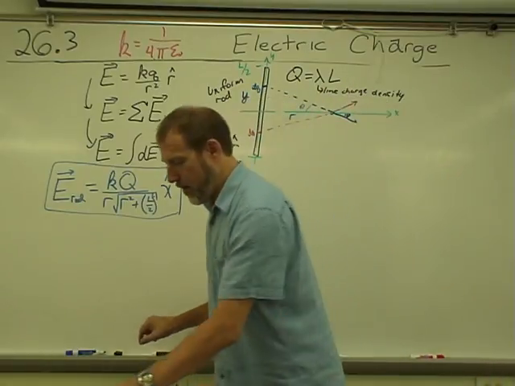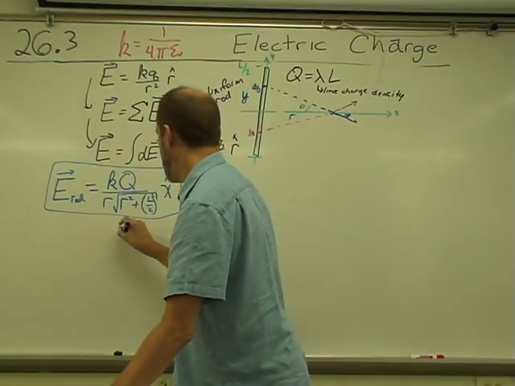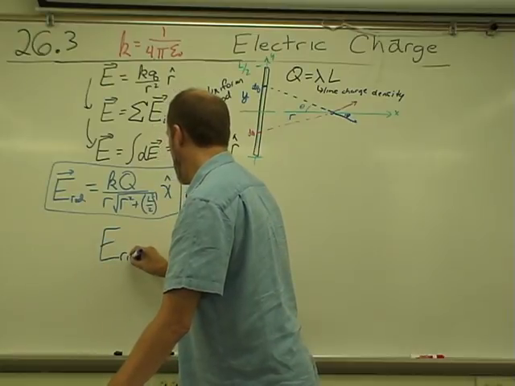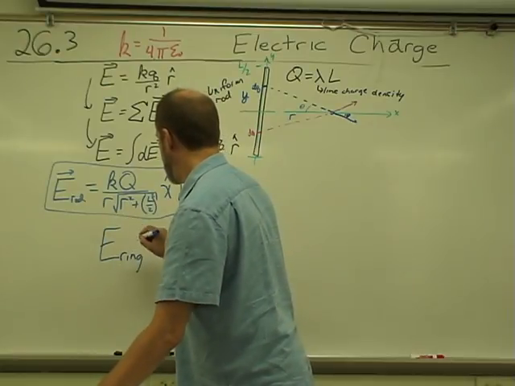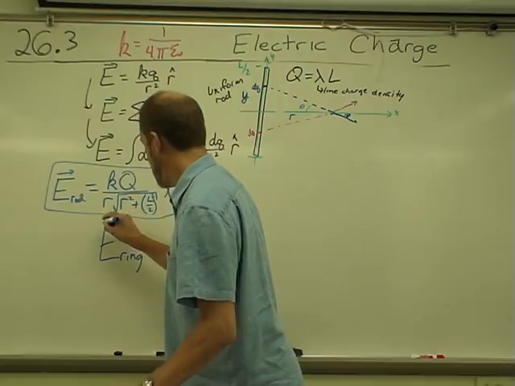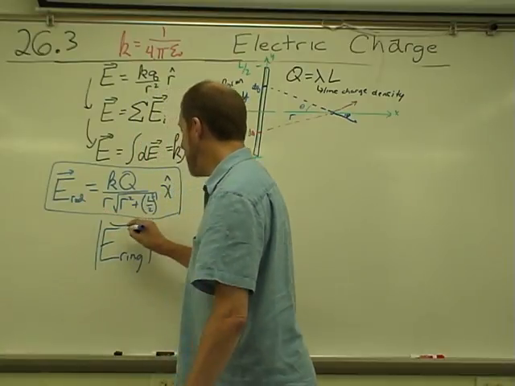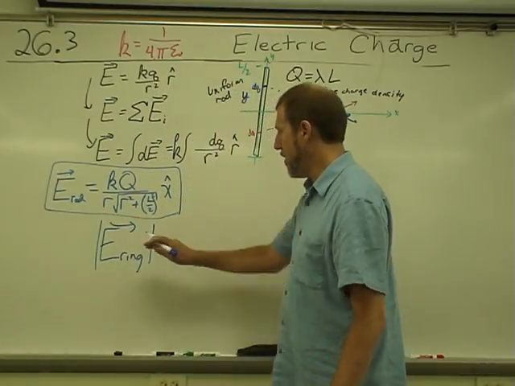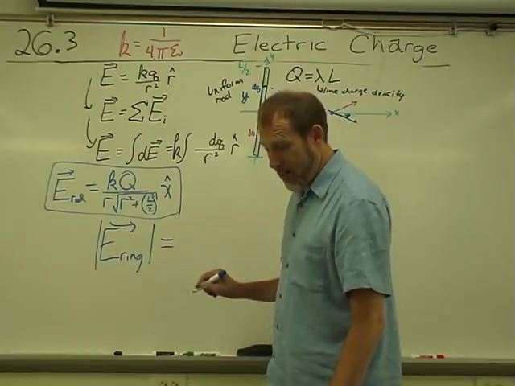Now, there are a couple other useful surfaces to deal with. If I have the electric field of a ring of charge, I'll just write down the magnitude. We'll keep track of the sign with the direction.